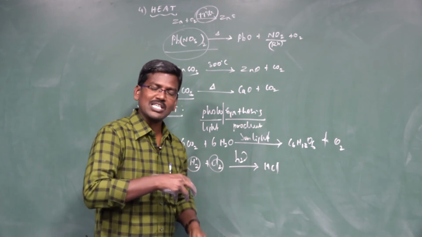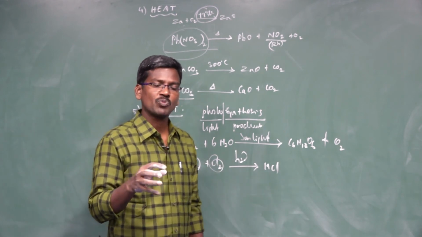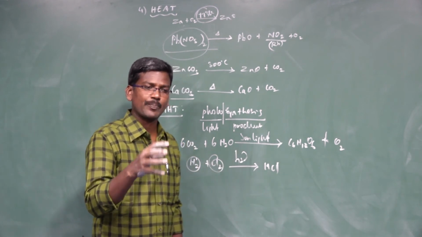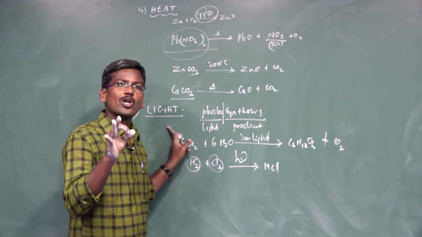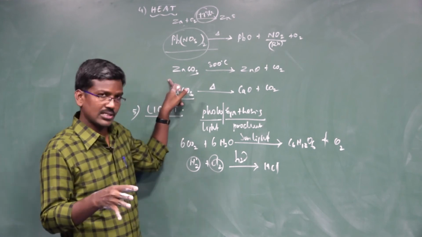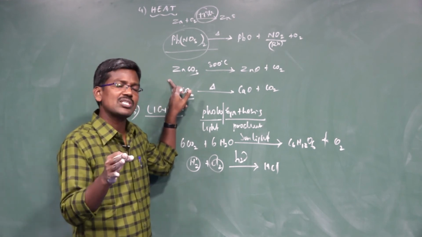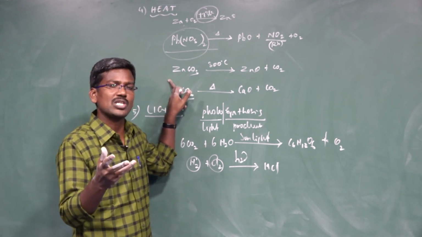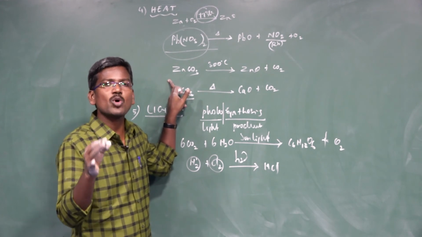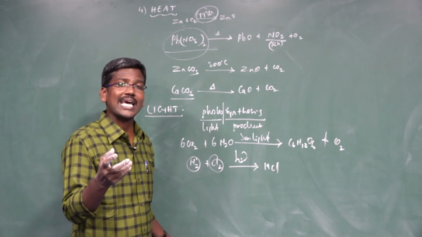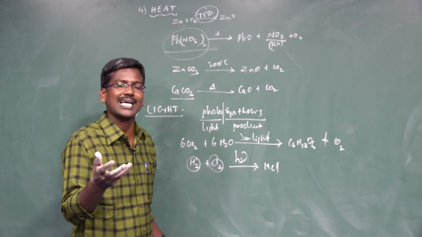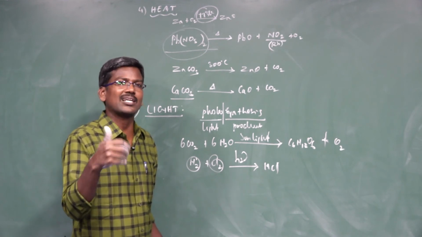From this reaction we can conclude that a chemical reaction that takes place in the presence of light is known as a photolysis process or photochemical reaction. A reaction that takes place in the presence of temperature or heat is known as a thermochemical reaction, the thermolysis process. A reaction carried out in the presence of electric current is known as an electrochemical reaction or electrolysis process.